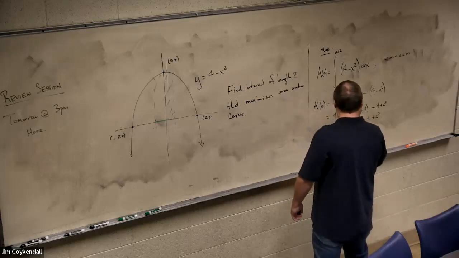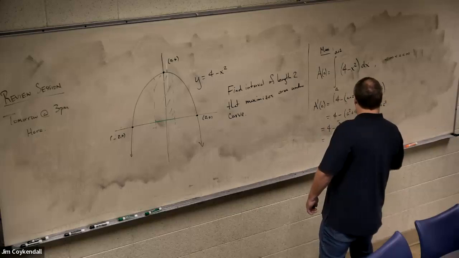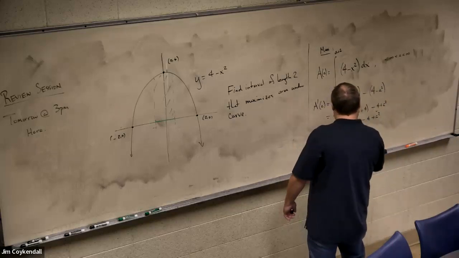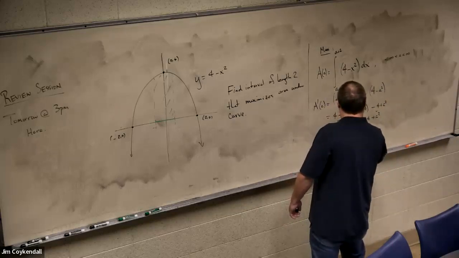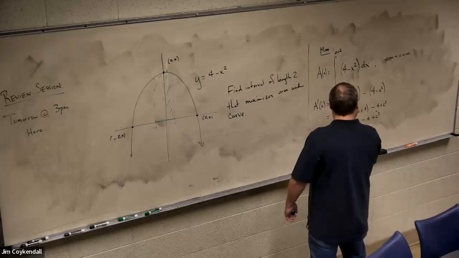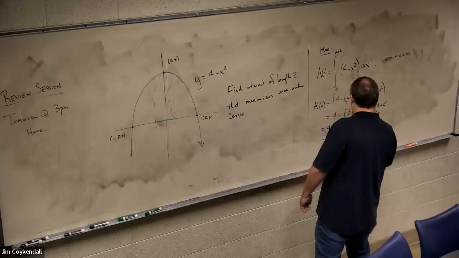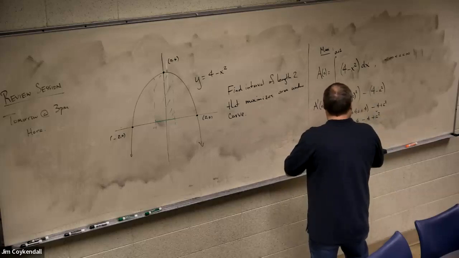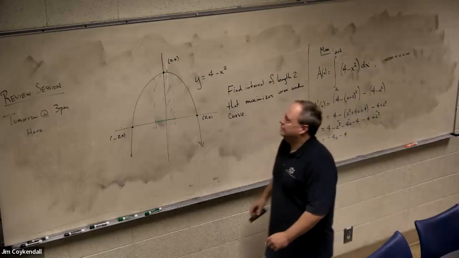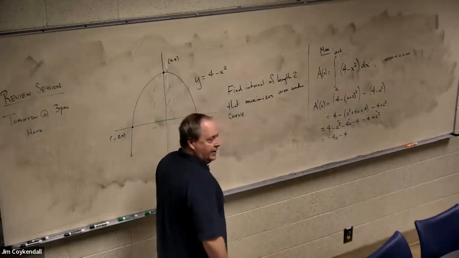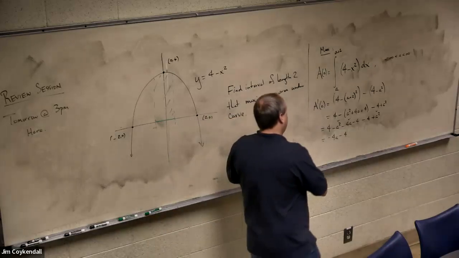So the a squared terms cancel, and I get minus 4a minus 4. So the derivative of this is minus 4a minus 4.